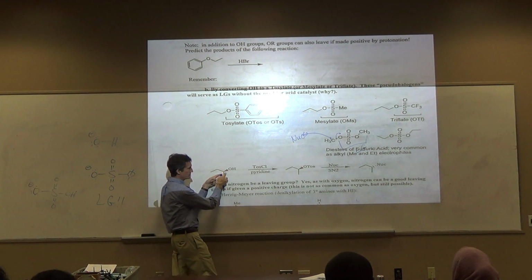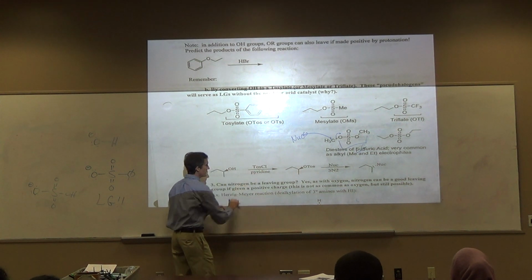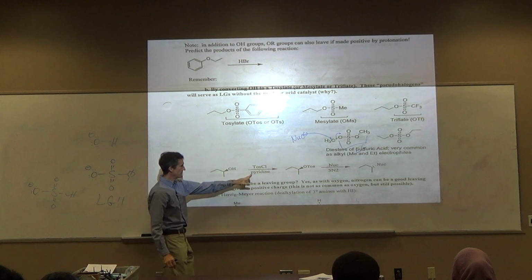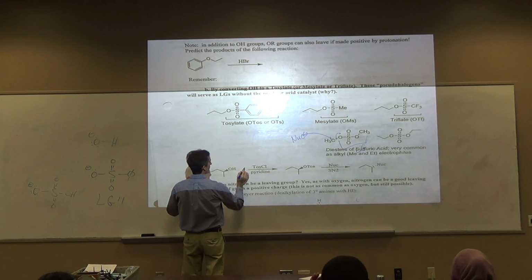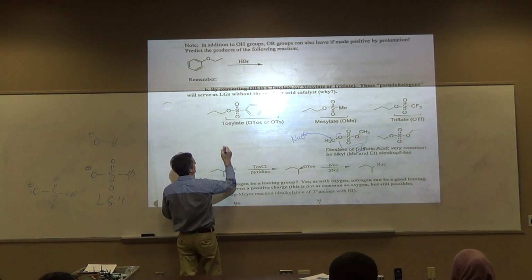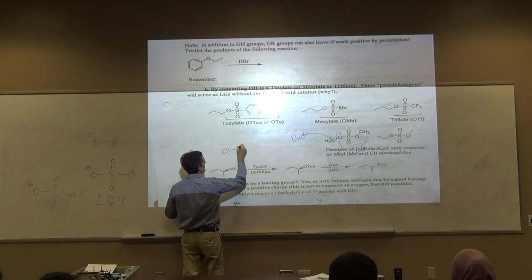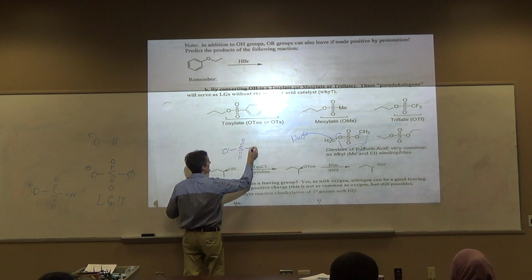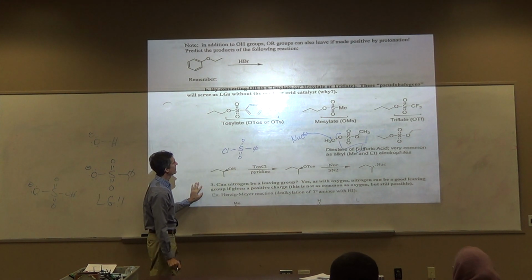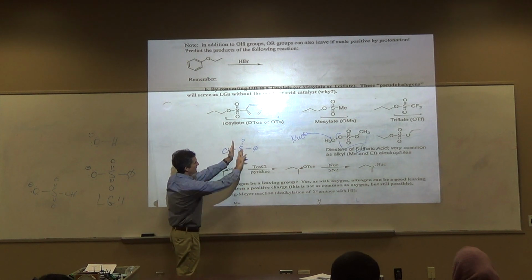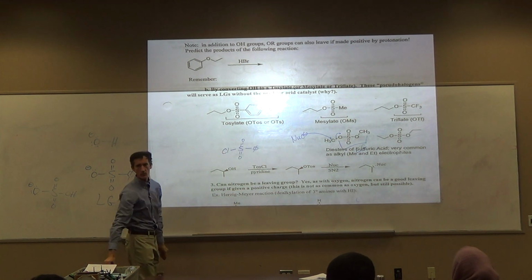Stereochemistry. How about if we react this with tosyl chloride pyridine? This is how you make tosylates. Tosyl chloride is just Cl. Remember, that's tosyl and tosyl chloride.